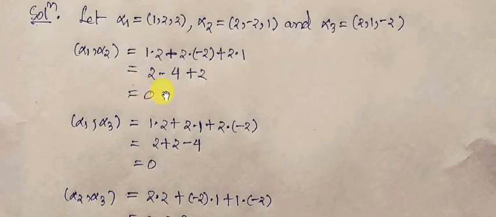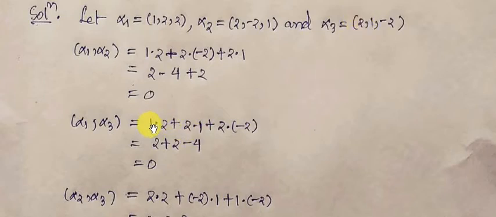Similarly, we have calculated the inner product of the ordered pair alpha 1, alpha 3. The first component of alpha 1 is 1, and of alpha 3 is 2, so 1 into 2.